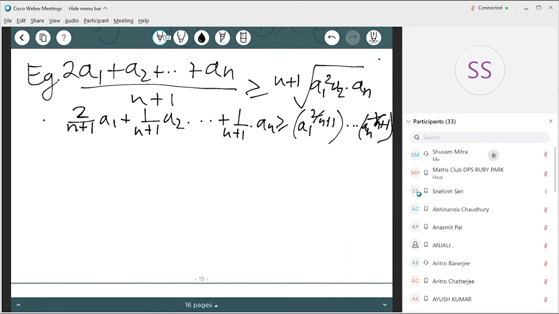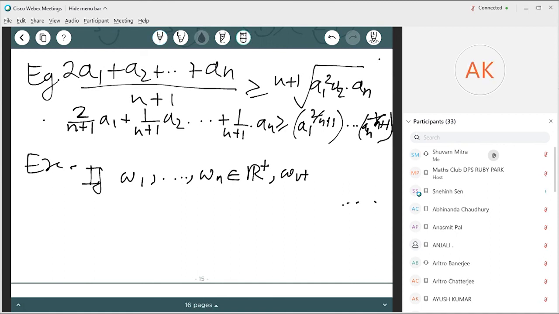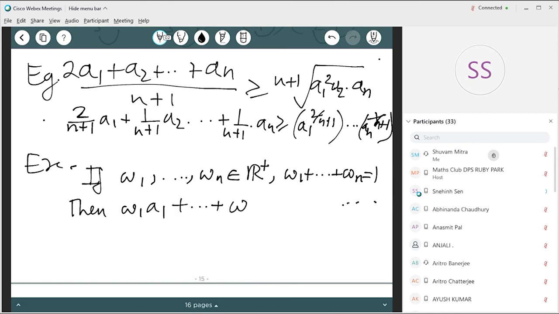First of all, if w1 dot dot dot wn belong to R plus, that is, positive reals, yeah, we are coming to the weighted mean and equality. If w1 plus dot dot dot plus wn is equal to 1, then w1 a1 plus dot dot dot plus wn an.